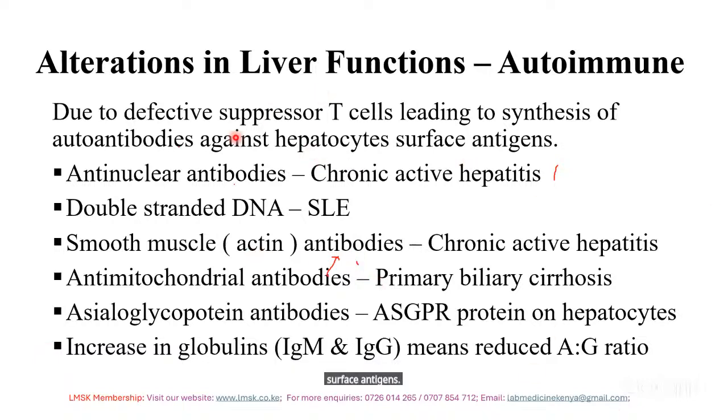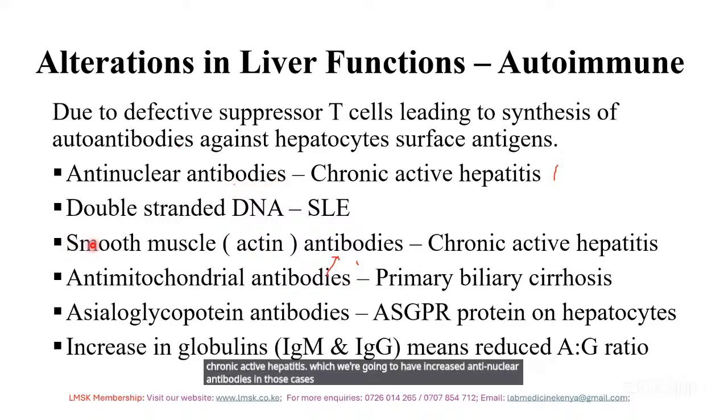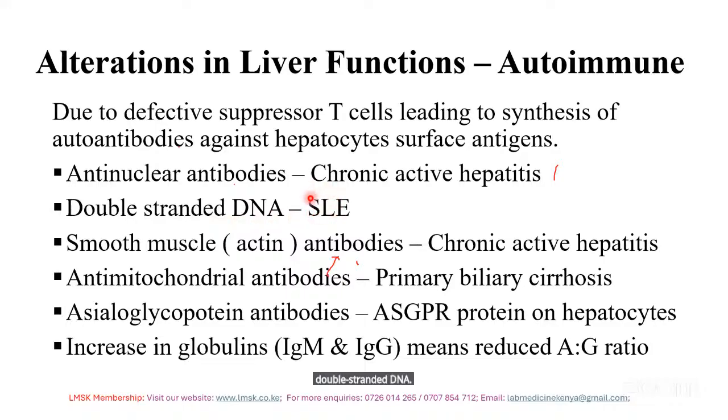Now, such conditions may include chronic active hepatitis, where we're going to have increased antinuclear antibodies, double-stranded DNA antibodies in systemic lupus erythematosus, then smooth muscle antibodies in chronic active hepatitis, and antimitochondrial antibodies in primary biliary cirrhosis.